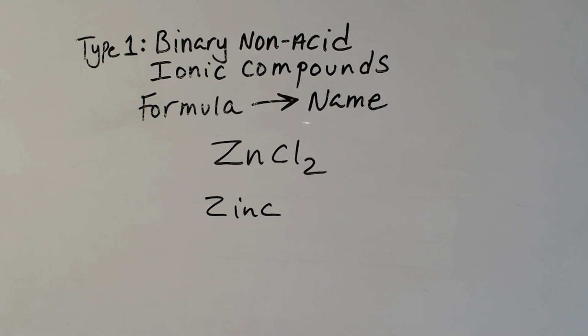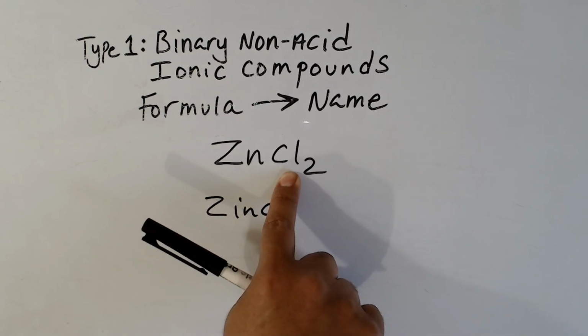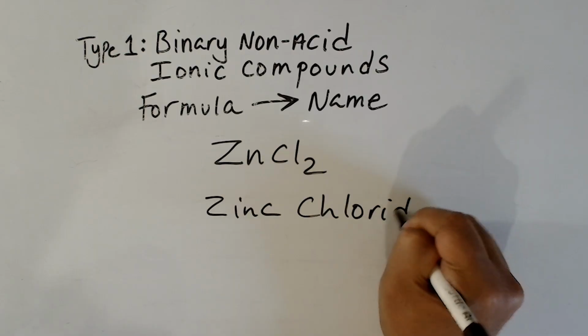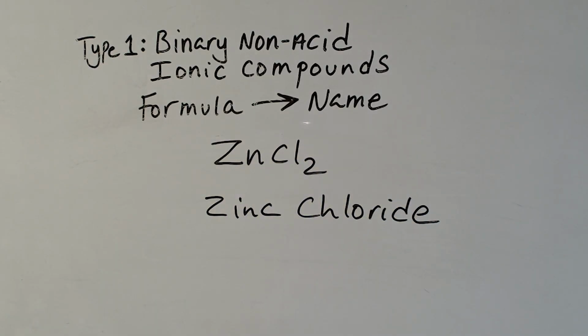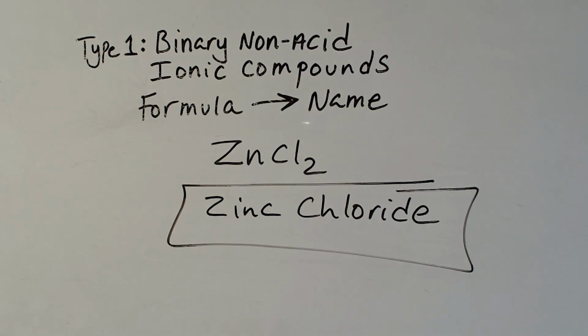If it's an element, change its ending to IDE. Instead of saying chlorine, I'm going to say chloride. In step 3, if the first part has a fixed charge coming from column 1 to the 6-pack or is ammonium, leave the chemical name as is. So that is my chemical name.